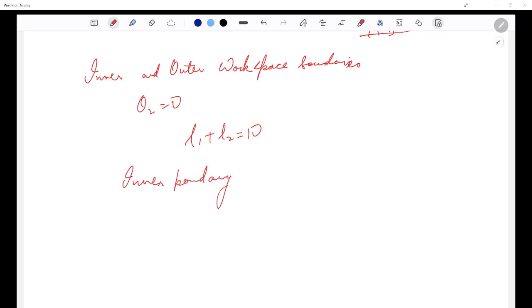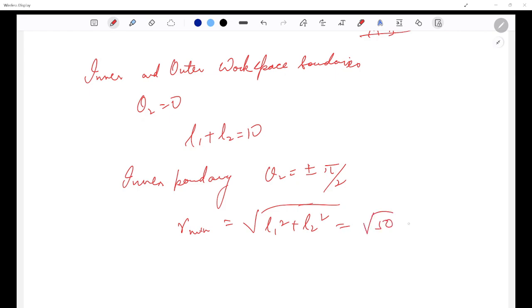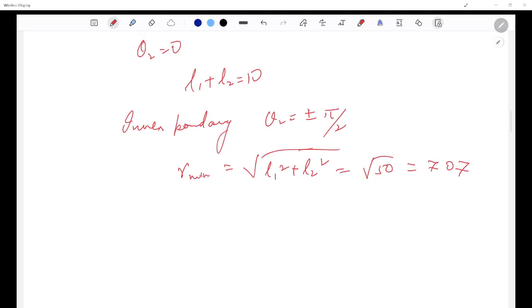When the angle theta 2 is plus minus pi by 2, right? When it folds to the back side. So in that case, your R minimum would be under root L1 square plus L2 square, and that would be approximately under root 50, 7.07. So the points that are closer than 7.07 meter cannot be reached. This creates a crescent shape hole.